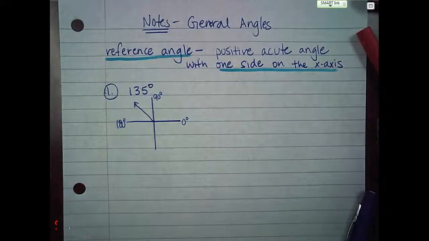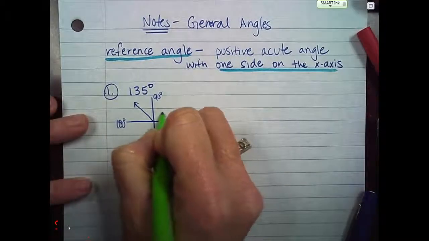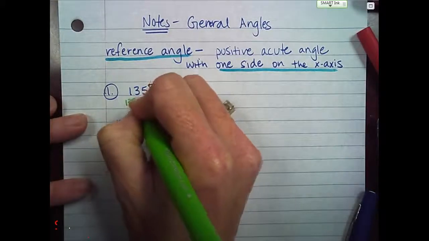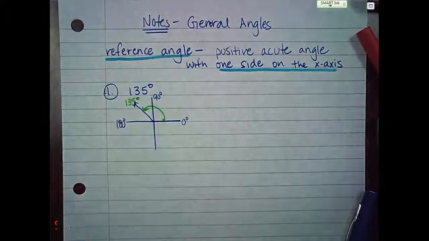Then your next step is to actually call the angle. In other words, if you start here and you travel all the way to here, we would call this 135 degrees. Does that make sense? Okay, that's going to help you visually see this better. Now, a reference angle is considered to be an acute angle with the x-axis.